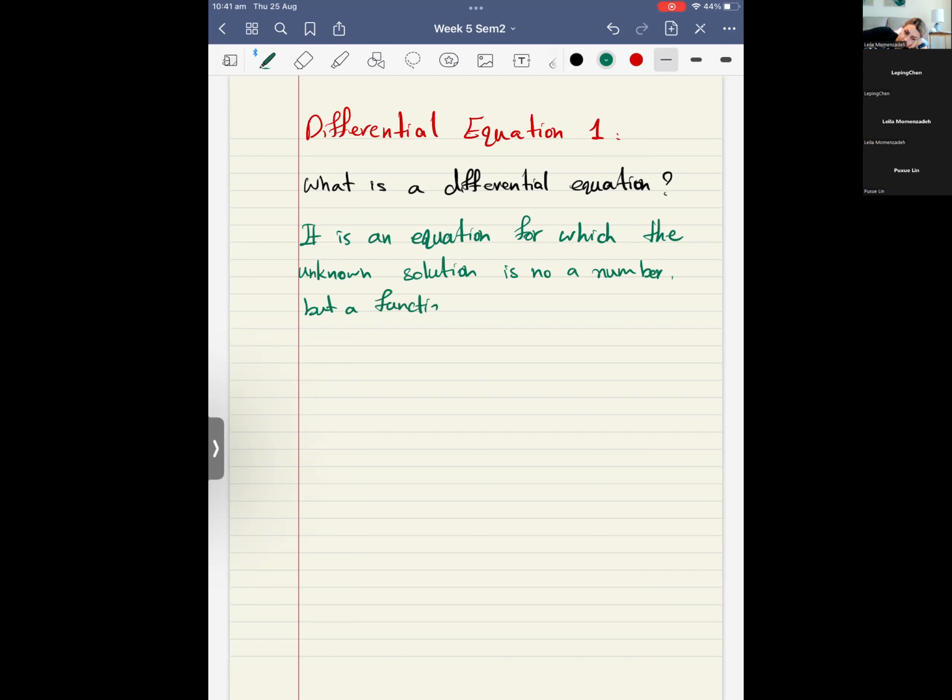You don't have any number for solution, you have a function that you should solve.